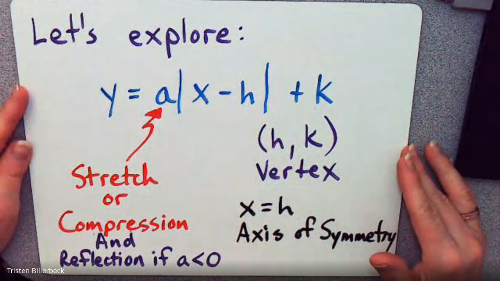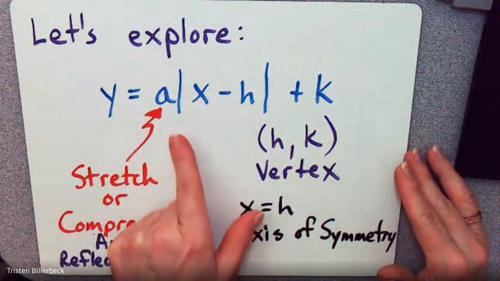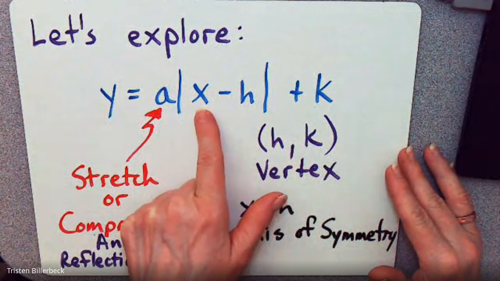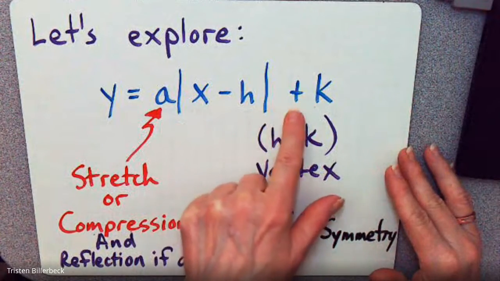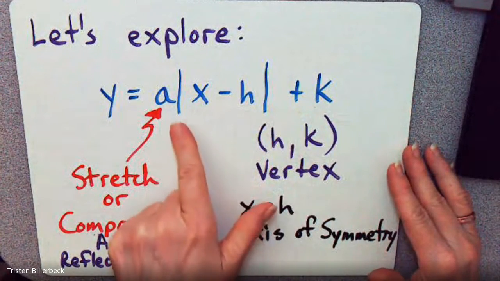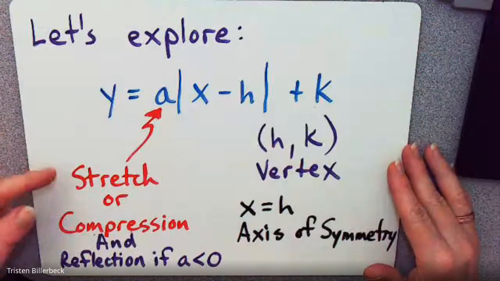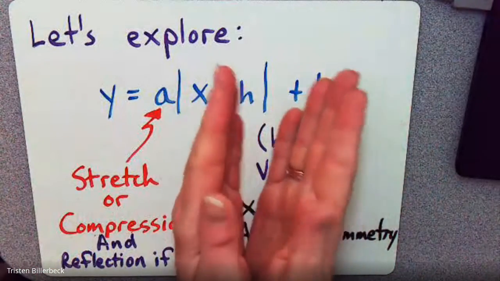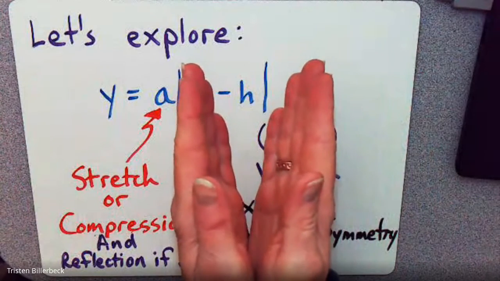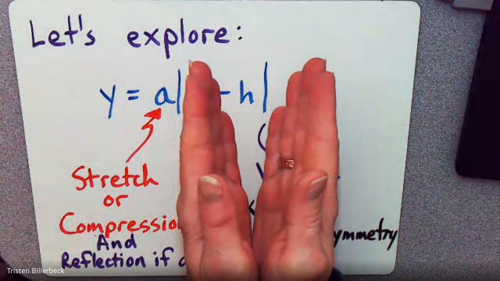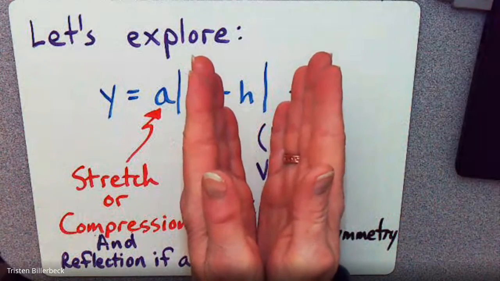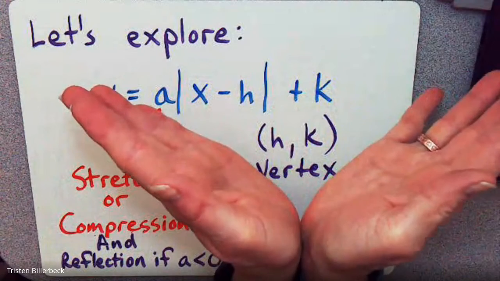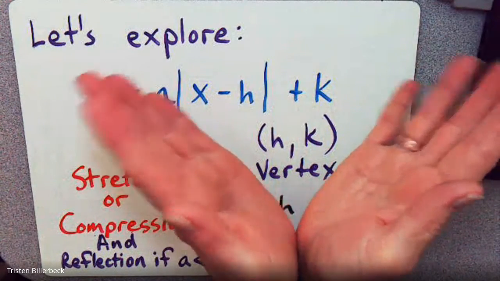Okay, so we have y equals a times the absolute value of x minus h, plus k. This a is responsible for stretching or compressing. Stretching means it's going to be closer to the y-axis, and compression means it's compressing away from the y-axis and toward the x-axis.